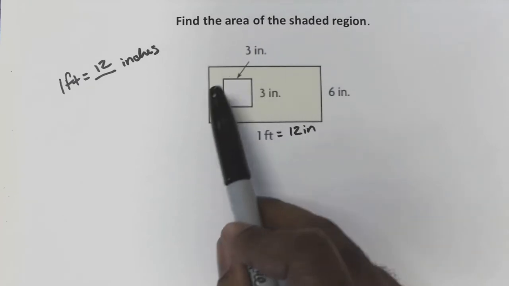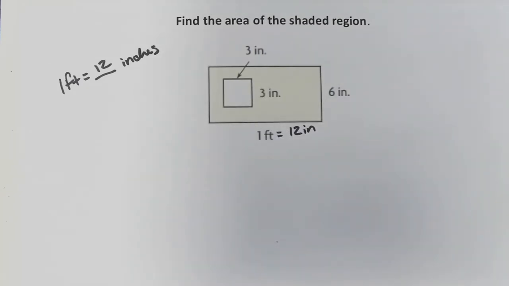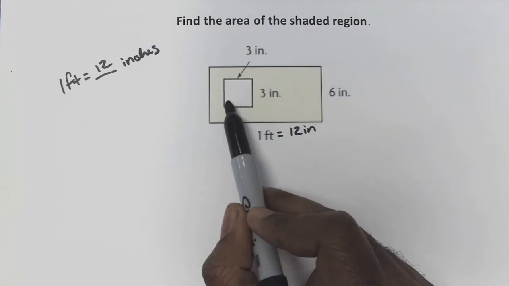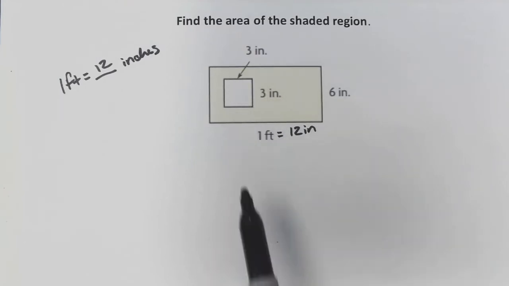The area of the shaded part. So what does that mean? So to get the area of the shaded part, that's the area of the rectangle minus the area of the square. So since we need both areas, let's take a moment to find those two areas. I'm going to give you some time and then we'll check our work together.